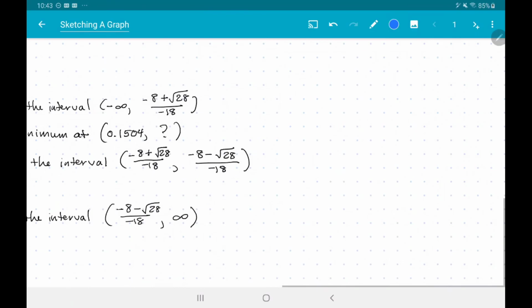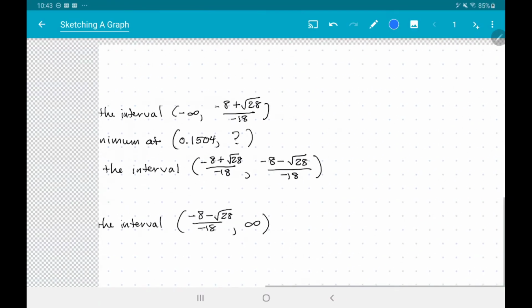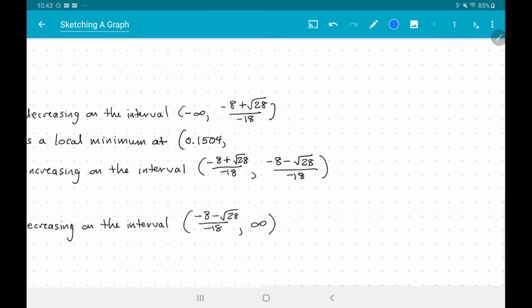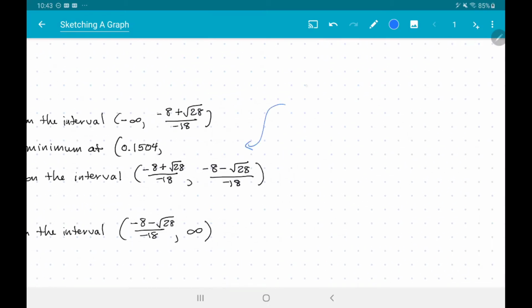Well, remember, the critical point that we're looking for, this local minimum, is a point on the graph of f. This is a point on the graph of f.